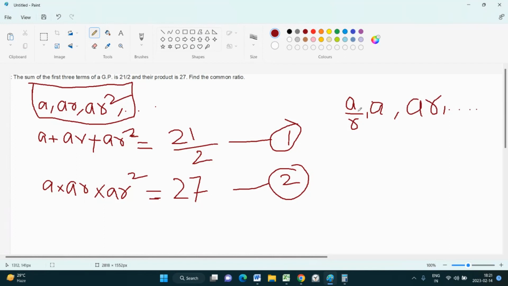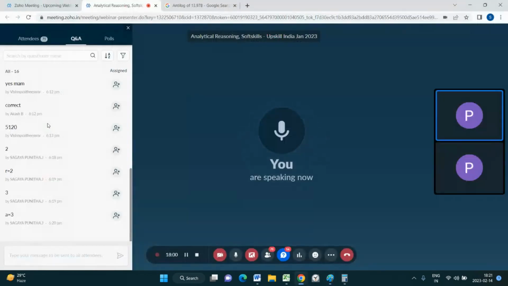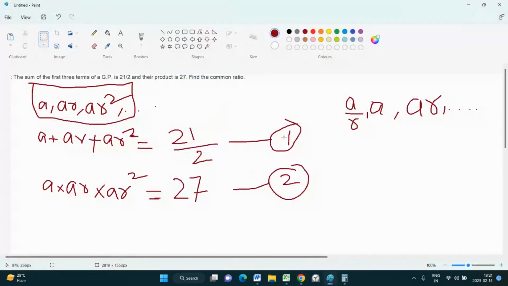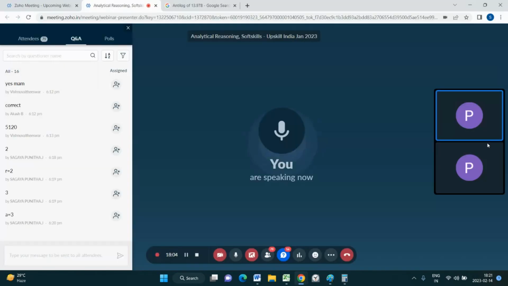A by R into R is A. A into R is AR. Next one will be AR square. So how we did it, the same problem we did yesterday, using this. I thought some of you will tell me that we did it in a different way yesterday.